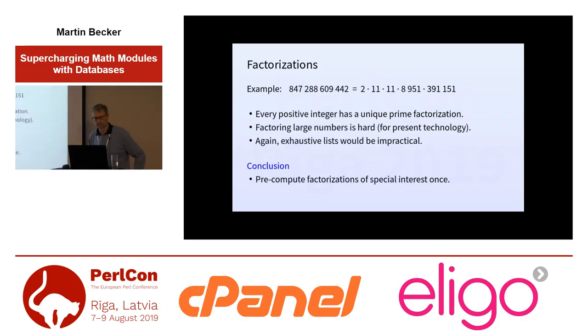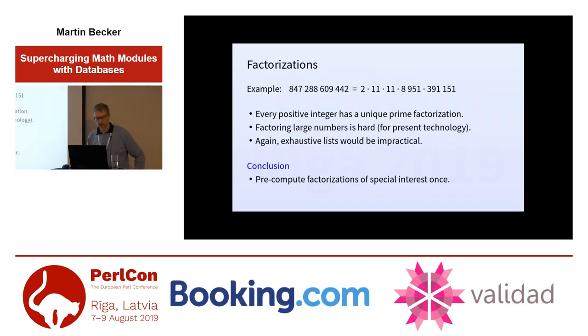Prime numbers, checked. One thing with prime numbers is factorizations. You probably remember from school that every positive integer has a unique factorization. That is, the prime numbers that multiply together make up the number. And for present technology, it's not easy to find factorizations.